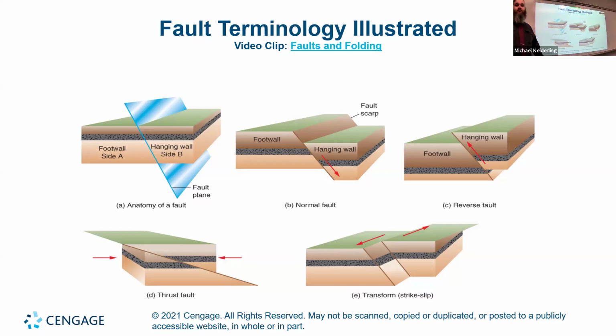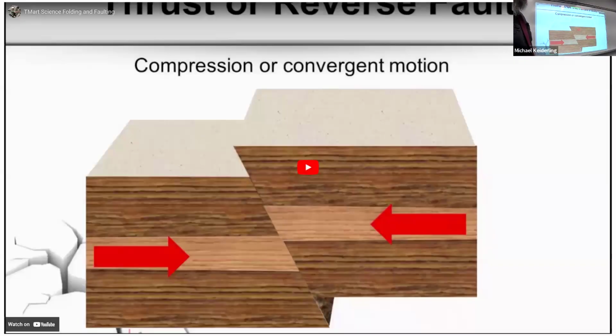And also, for really big thrust faults, they can create those massive earthquakes. We talked about the megathrusts. So here is a short video about faults and the types of faults.